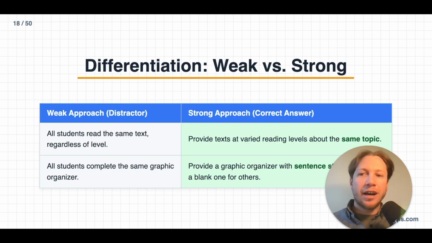Now, for example, instead of giving everyone in the class the same book, an effective teacher might provide a strong differentiated approach by providing texts at multiple levels with the same topic. We see this oftentimes.